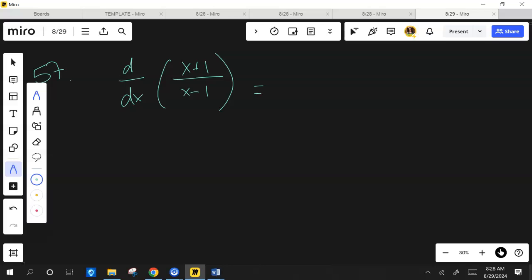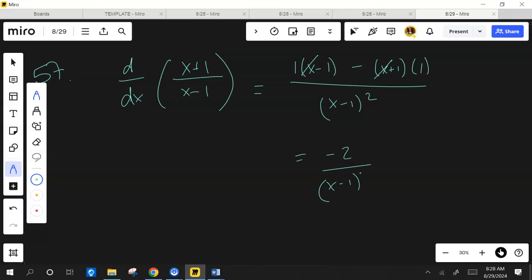So derivative of the top is 1 times the bottom minus the top times derivative of the bottom, all over the bottom squared. x minus x, -1 minus 1 would be -2, which would be D. All over the bottom squared. Yeah.